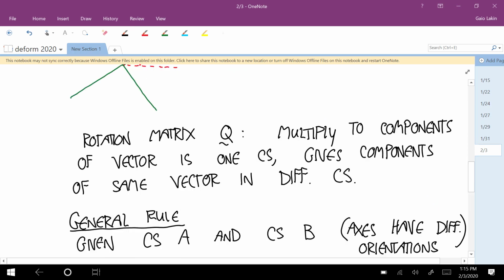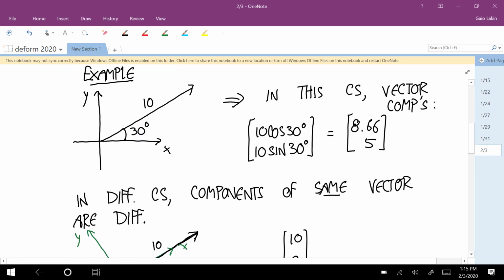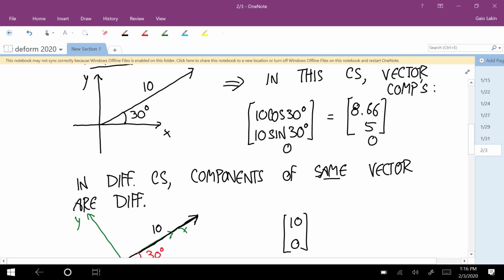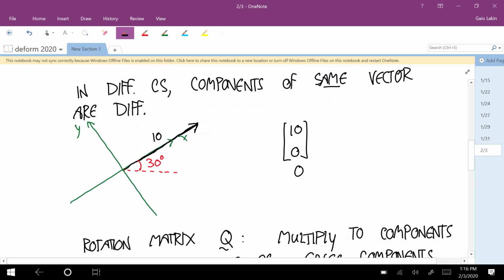So what we were doing is what we did in this example. We first started out knowing the components of this vector in this coordinate system. And 8.66, oh, I guess let's make it all 3 dimensions. So this is a 0, this is a 0.